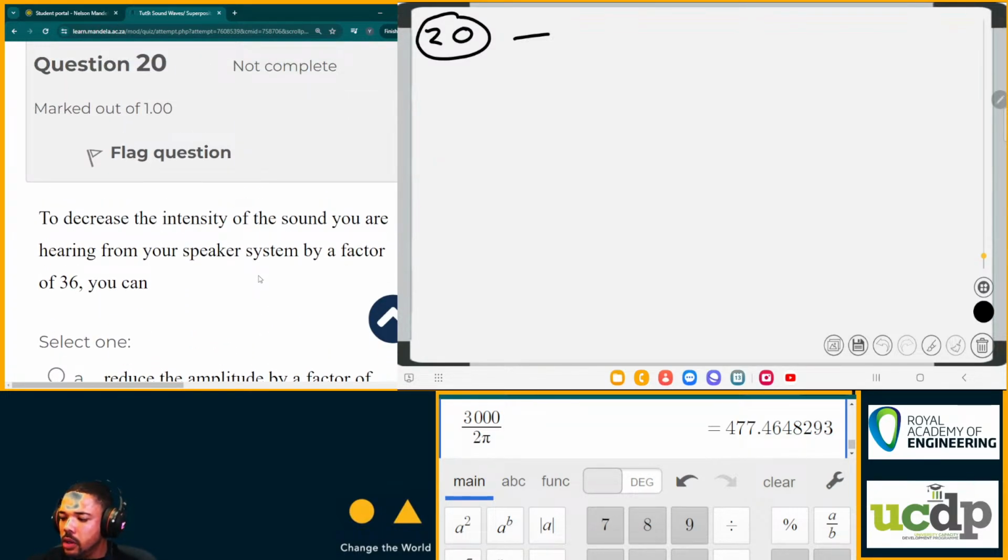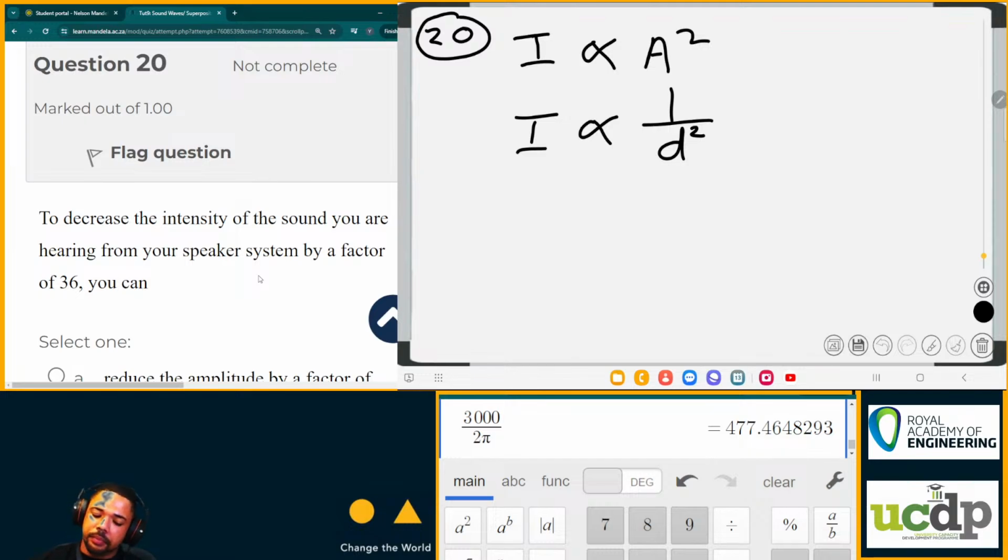Okay, so we know that intensity is proportional to the square of the amplitude. But intensity is also proportional to 1 over the square of the distance.